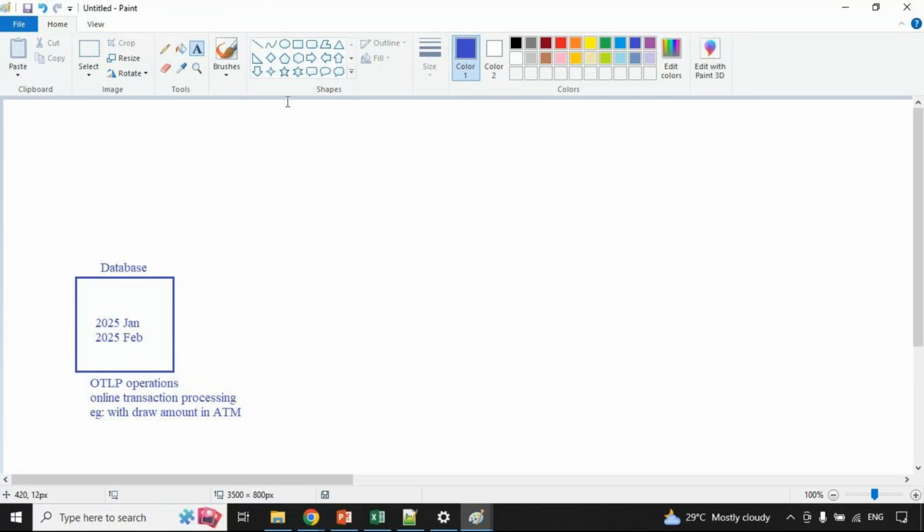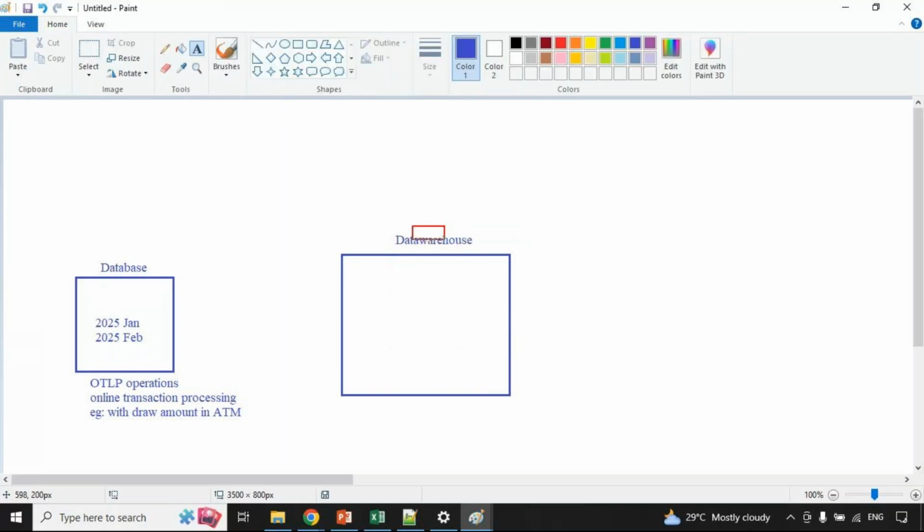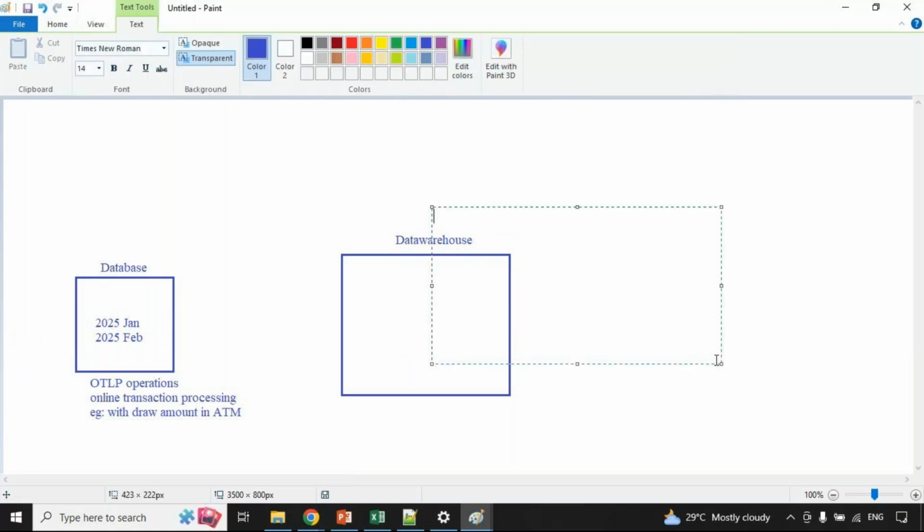And there is a data warehouse. The name itself contains warehouse, a huge amount of data. In a data warehouse we maintain the historical data.